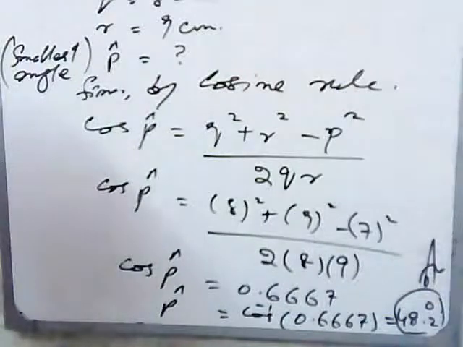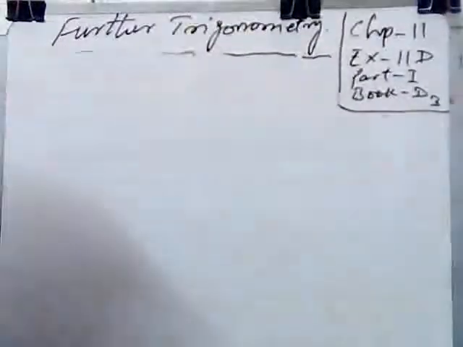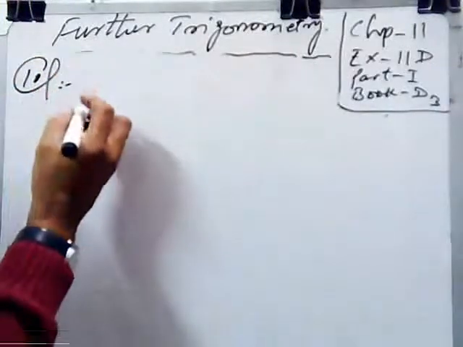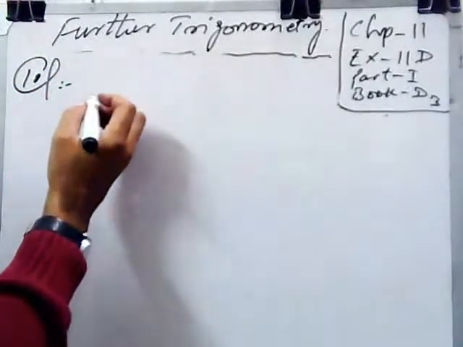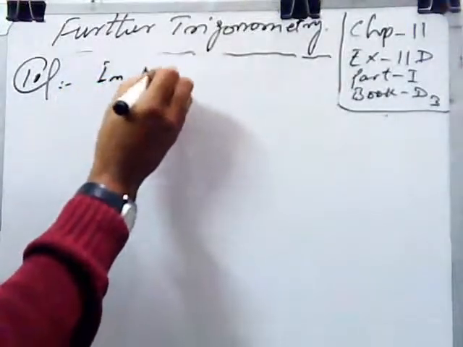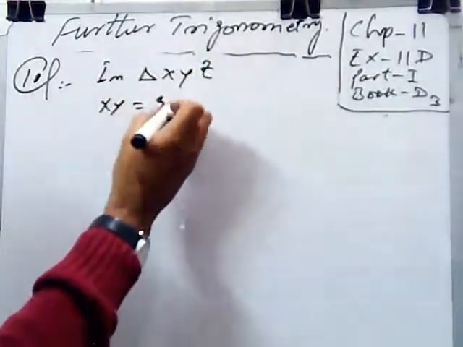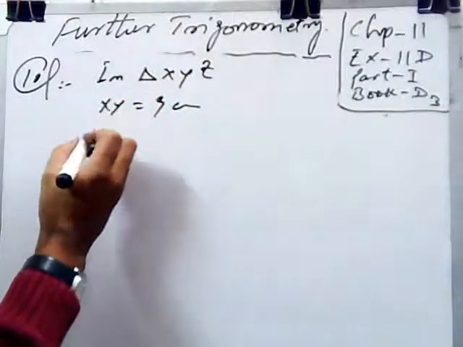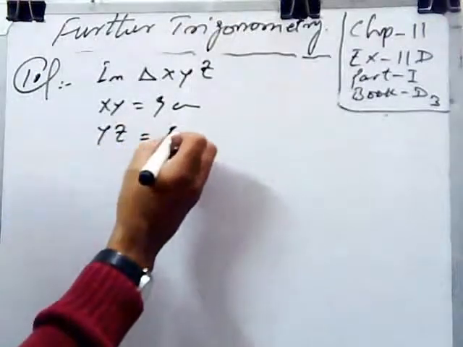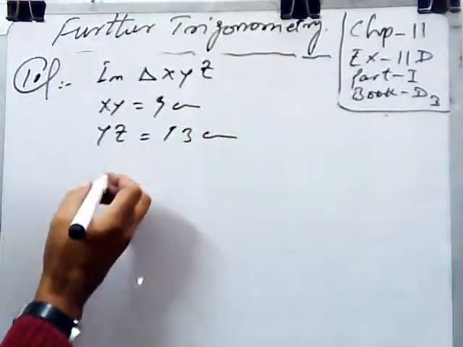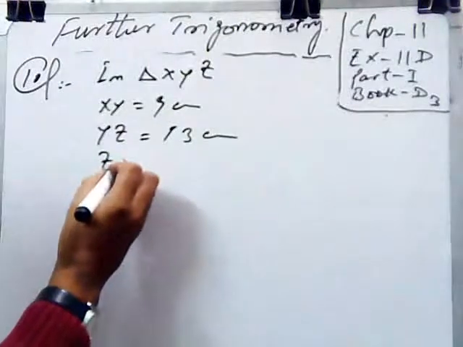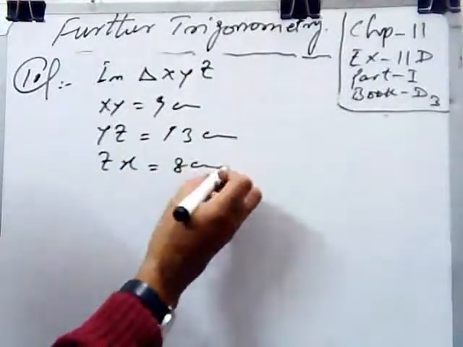Now coming to question number 10. In triangle XYZ, XY is equal to 9 centimeter, YZ is equal to 13 centimeter, and XZ is equal to 8 centimeter.